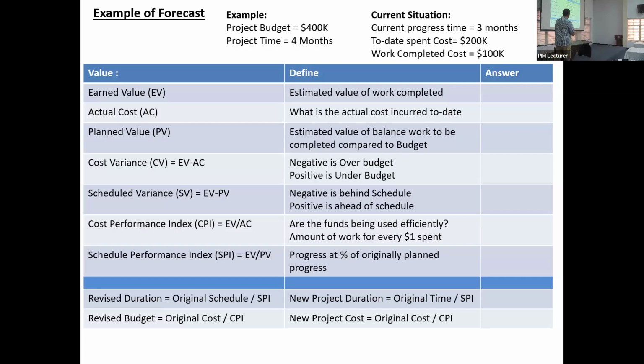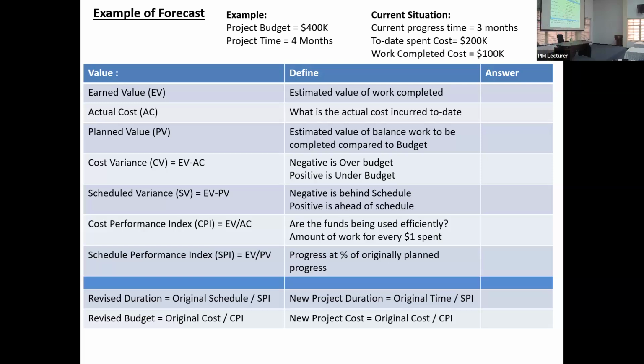And work completed as per my calculation is 100. That's the earned value part. My calculation is 100, so I am saying earned value is 100. You are saying you have spent 200. I am saying you should have spent 300 because you're in the third month. But the project is 400. That's the situation. Now let's put this into the formulas.